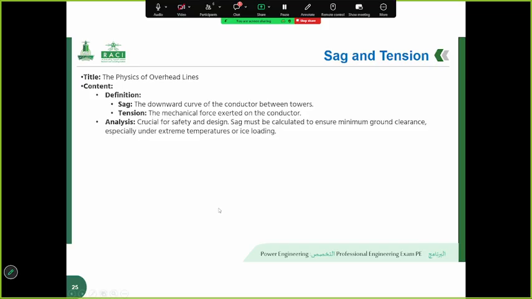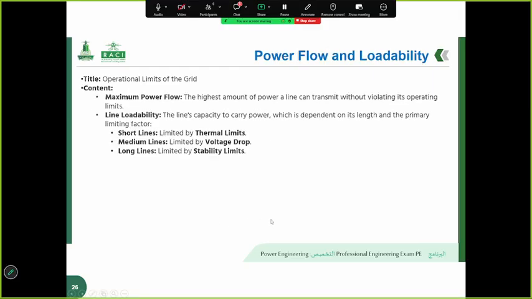Okay, this slide addresses the critical concept of power flow and line loadability, which are central to operating a power system safely and efficiently. Understanding this concept helps us manage grid capacity and prevent overloading, which can lead to instability and blackouts.